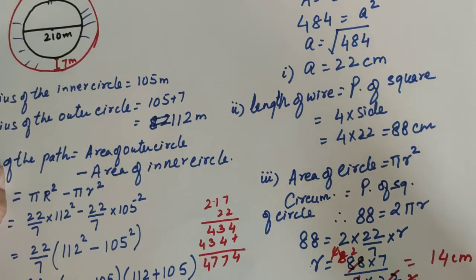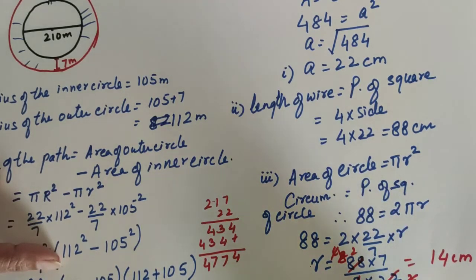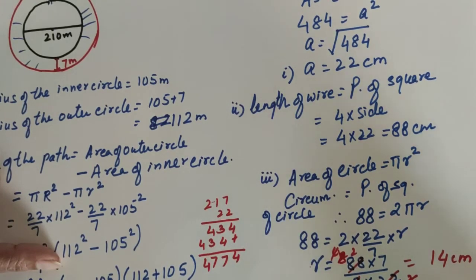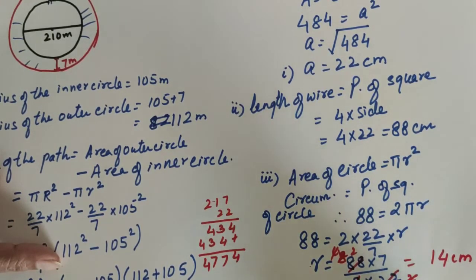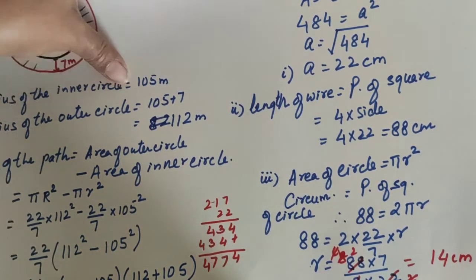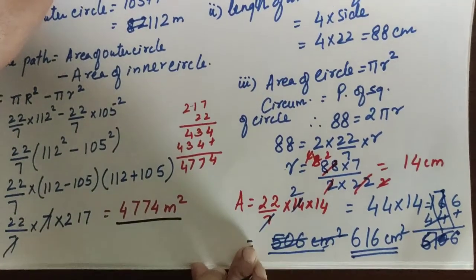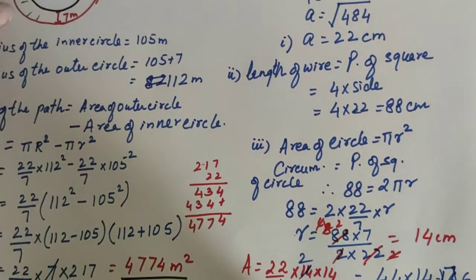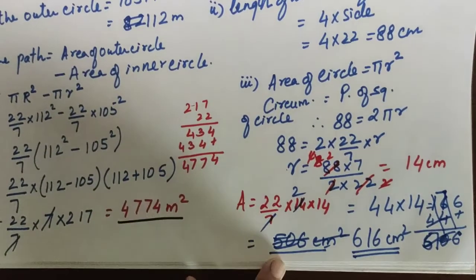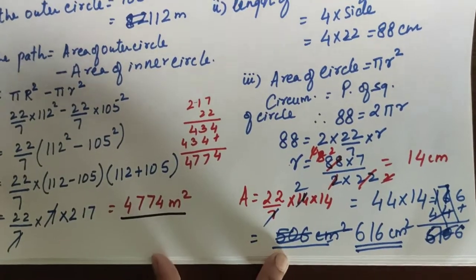So the answer is 616 centimeter square. If you multiply, you will get 616 centimeter square. I'll show you. 616 centimeter square is the answer.